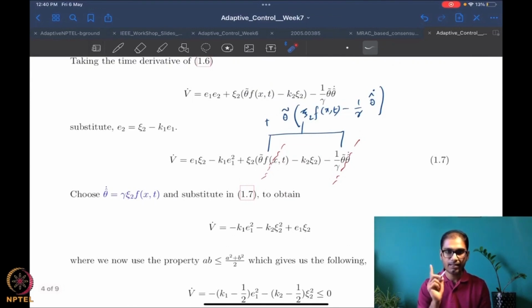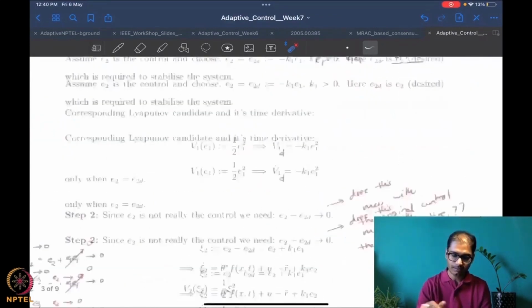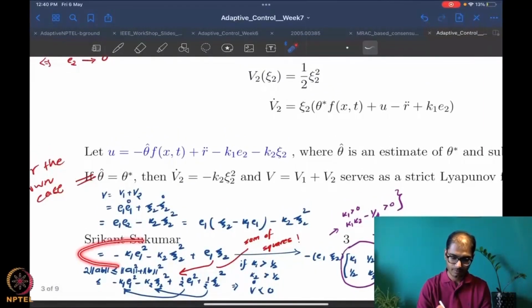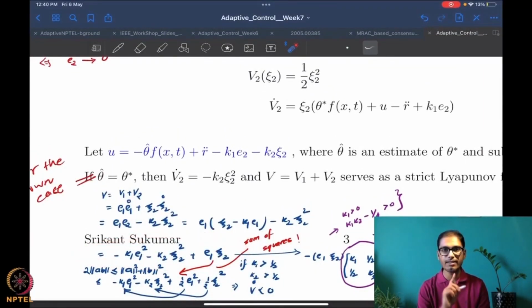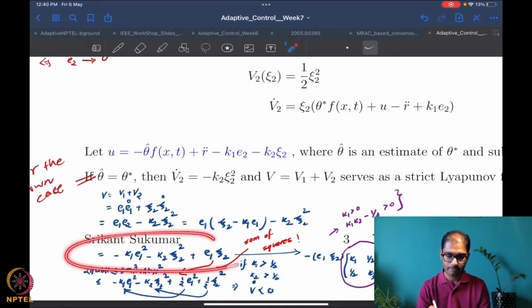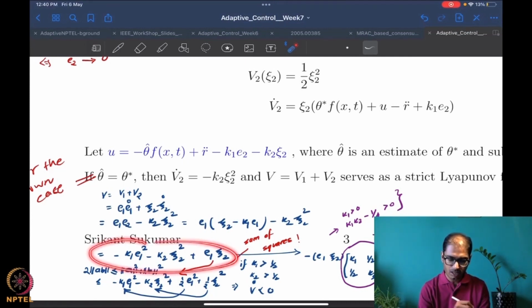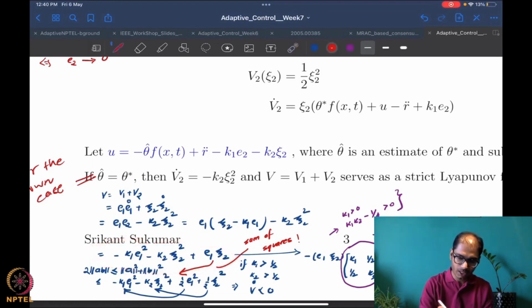Notice now that this looks exactly like this. Same. So what do we do? Sum of squares. Now, I should have written this as v dot here.